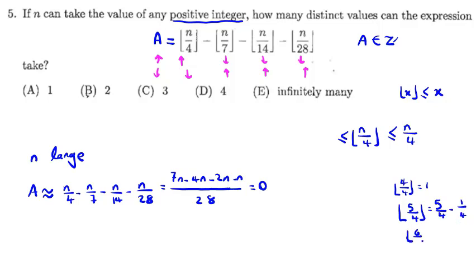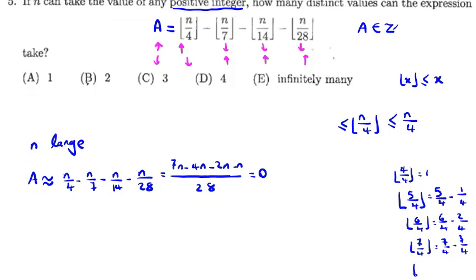If I have 6 over 4, it will be again 1, so 6 over 4 minus 2 over 4. If I have 7 over 4, it will be 7 over 4 minus 3 over 4. And for 8 over 4, it will be equal to 8 over 4. So for this one, we will see that it is at least n over 4 minus 3 over 4.